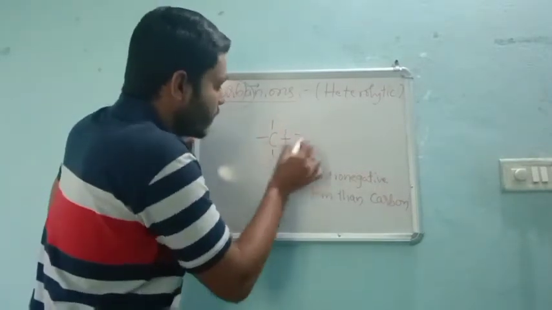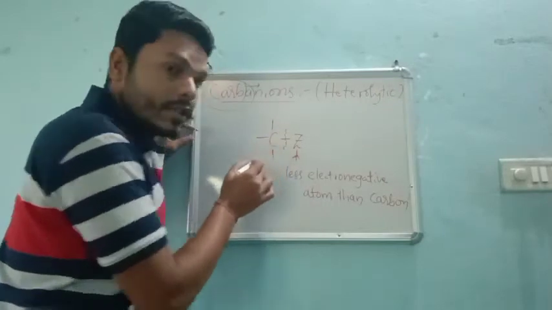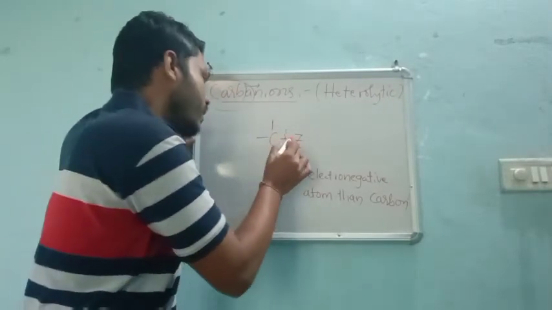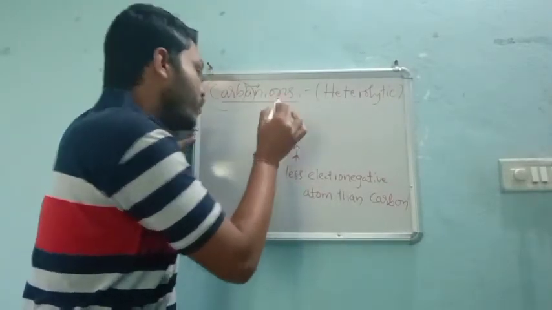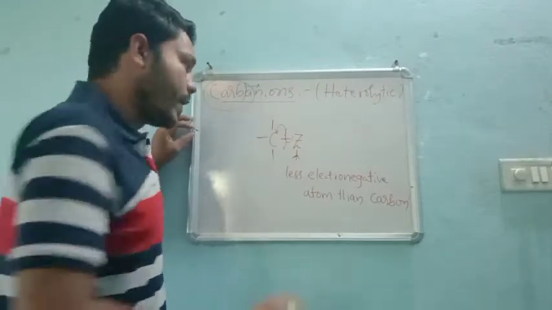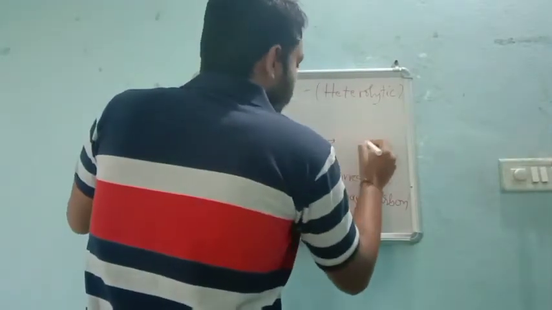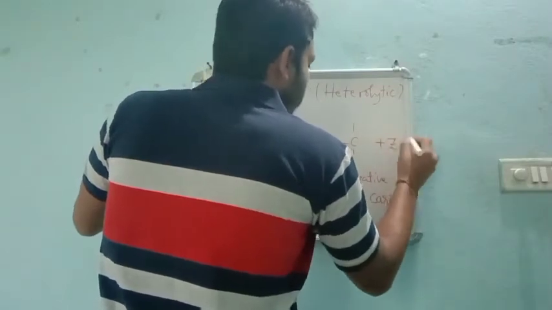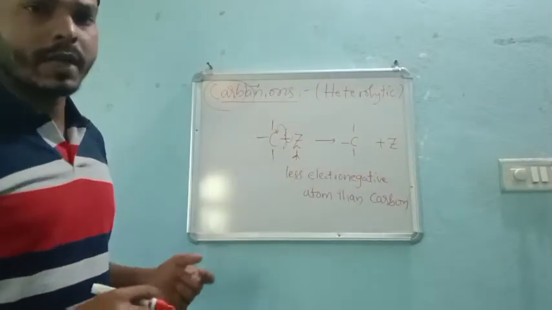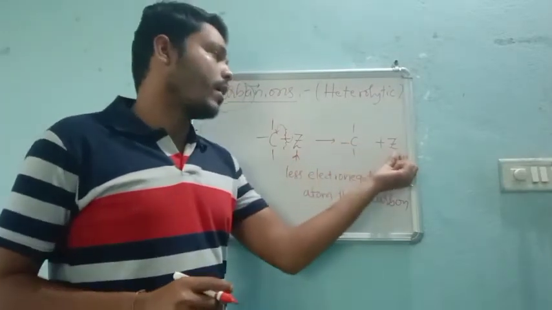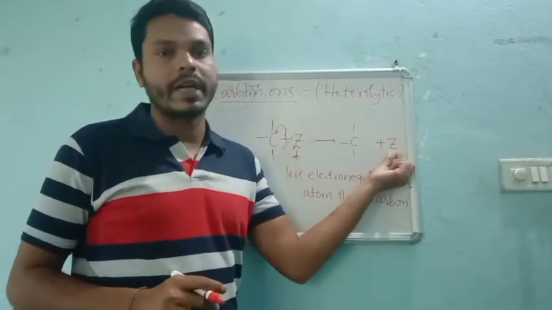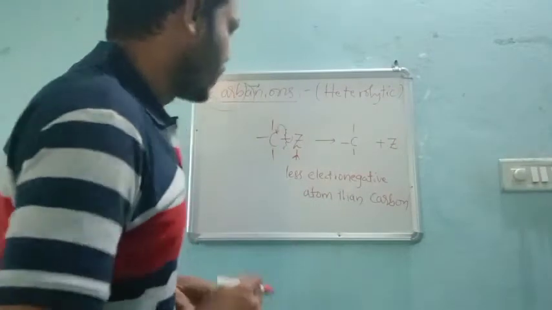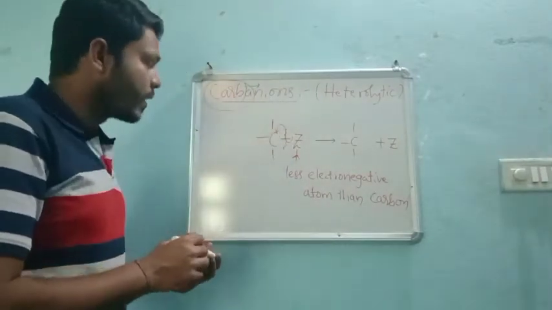So in this case, carbon is more electronegative, so that's why these two electrons will move towards the carbon. And now see, after the break, Z is separated. And now what type of charge will come on this carbon, or else on this Z? So we will decide now based on the electronegativity.